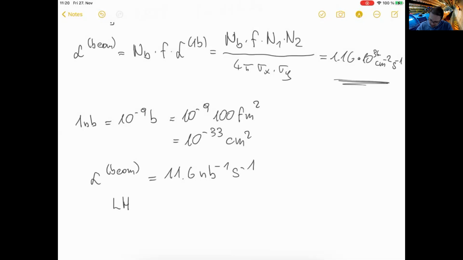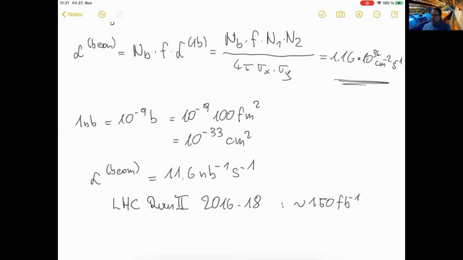For the LHC run 2, that was from 2016 to 2018, we have very roughly 150 inverse femtobarn of luminosity.